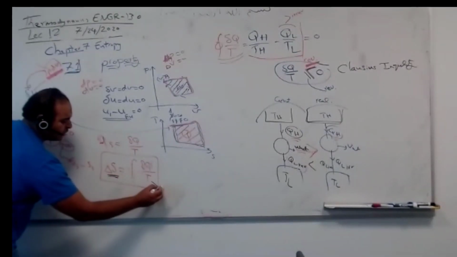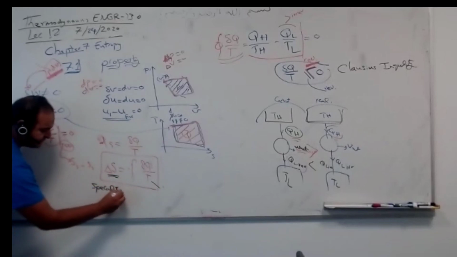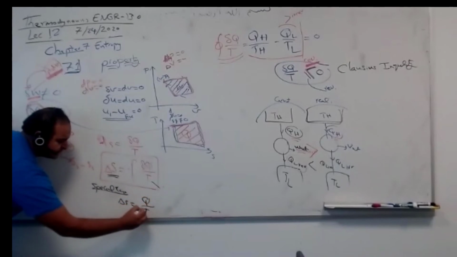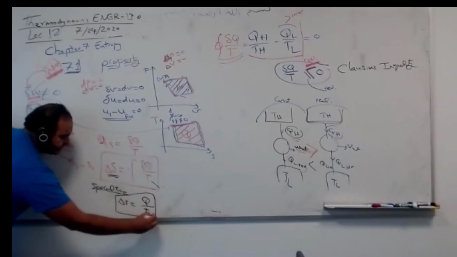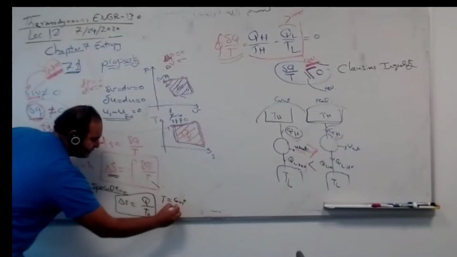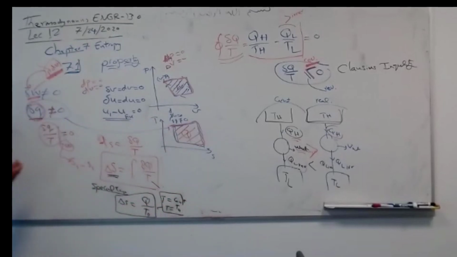If temperature is constant, for example T0, a very important special case, then delta S equals Q over T. So always delta S equals Q over T.